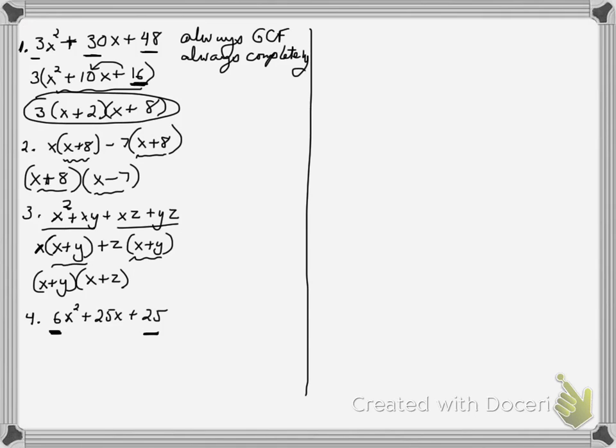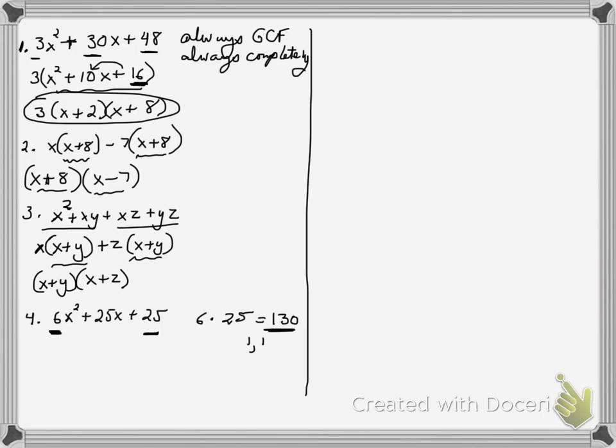When they're easy, they could be factored like number 1, but this does not have a common factor, so I'm going to take the product. 6 times 25, and that would equal 130, and that's the one I'm going to factor.